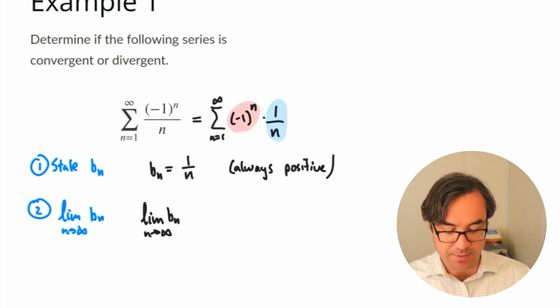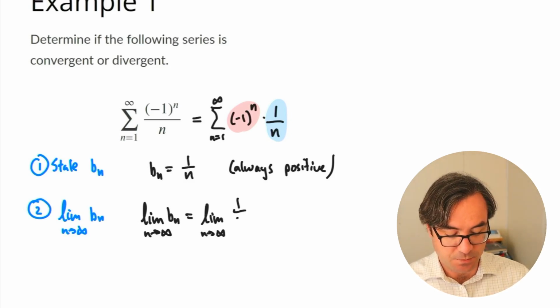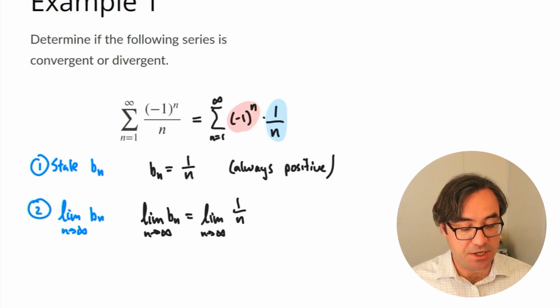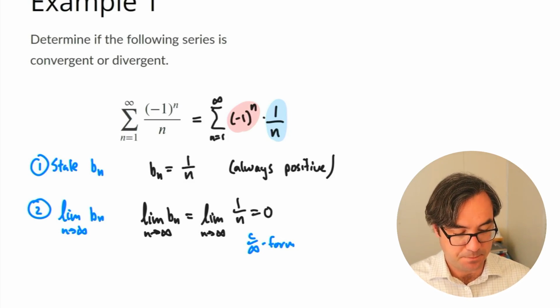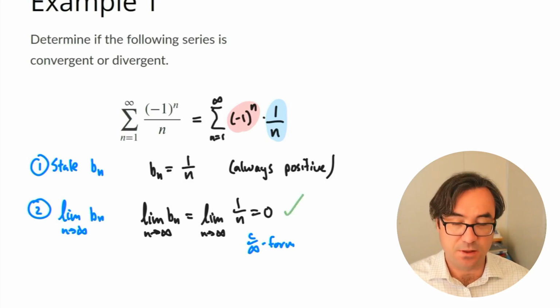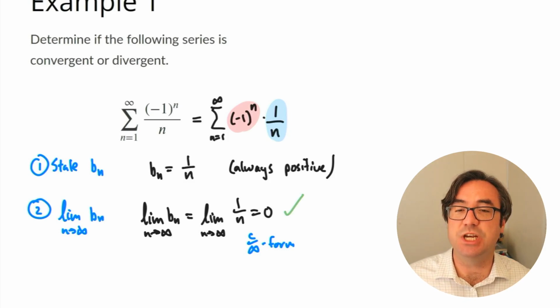We're doing the limit as n goes to infinity of 1 over n. And this is just a c over infinity form, so there's really not too much work here. This definitely does go to 0. So limit equal to 0, check.